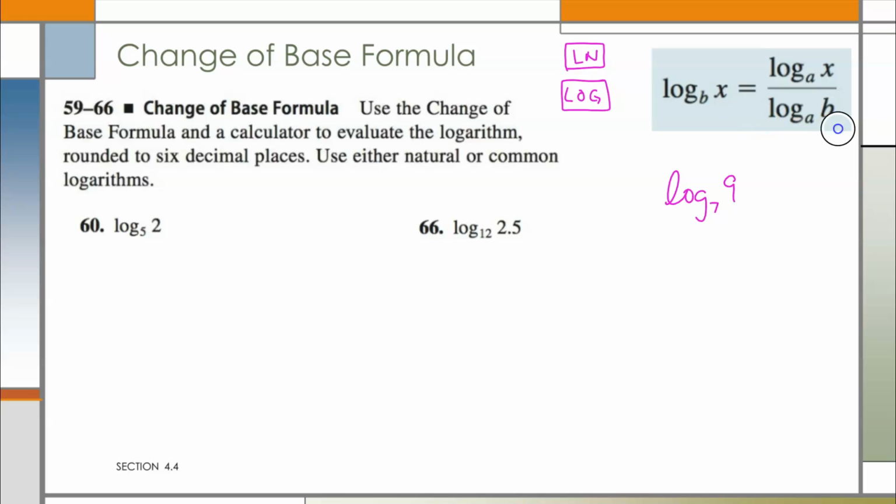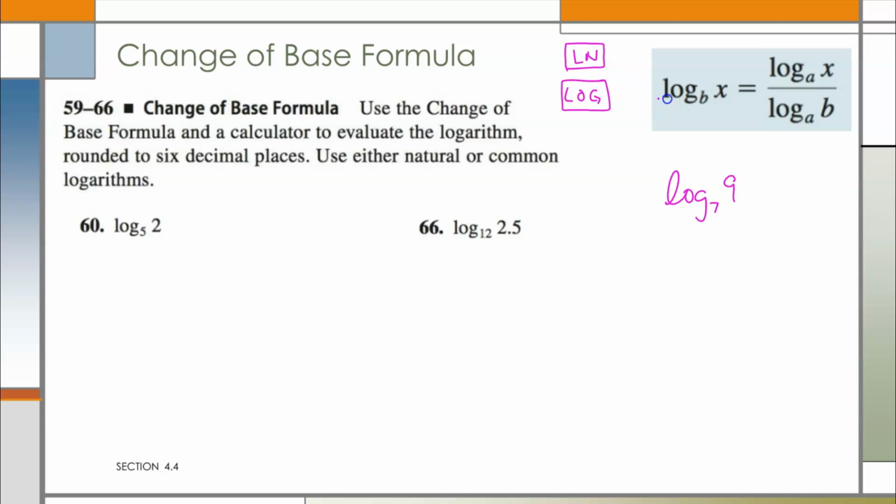It doesn't matter which base you choose.